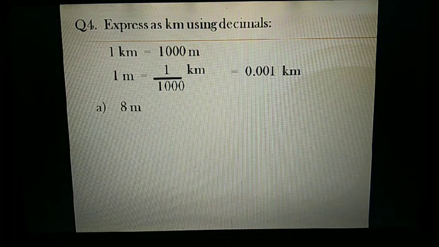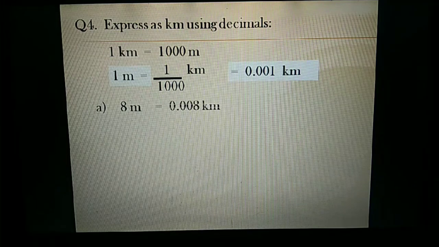Now 8 meter. As per formula, we will put a point after 3 digits from right. But there is only one digit. So to make it 3, we will put zeros to the left of the given number. And the answer will be 0.008 kilometer.